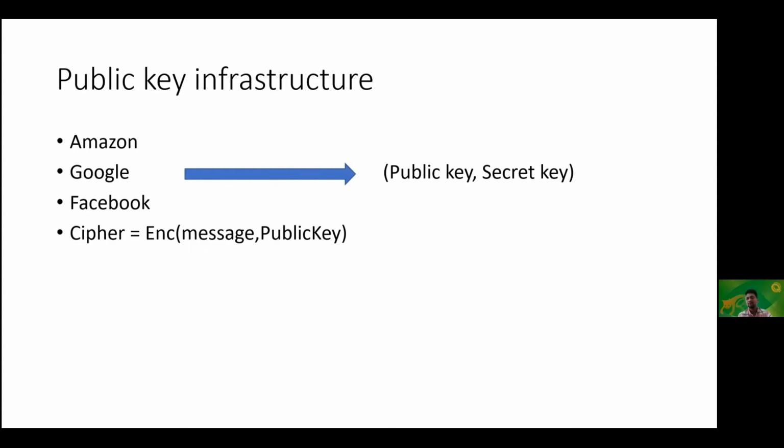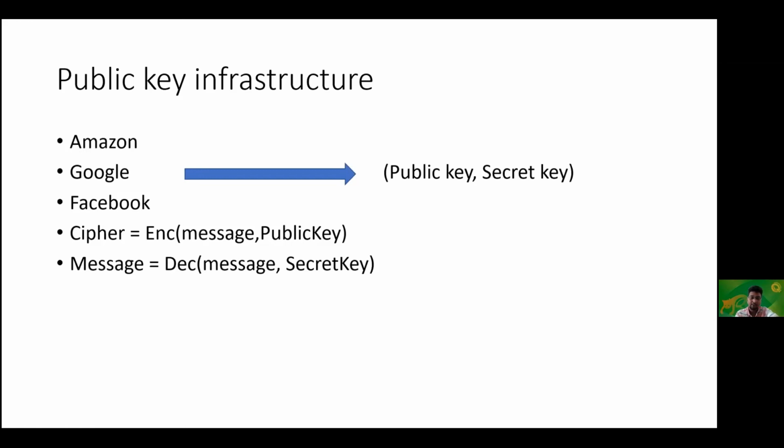So now if you want to search Amazon or Google, you don't have to do anything because the browsers already have it installed. They internally take care of all these things. So if you type Google, the browser looks up the public key of Google, and then, if you are searching for, say, quantum, it will take that message, quantum, and encrypt it using the public key, compute the cipher, and send it to Google.